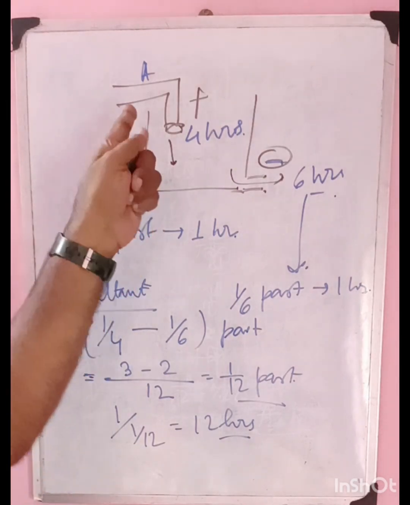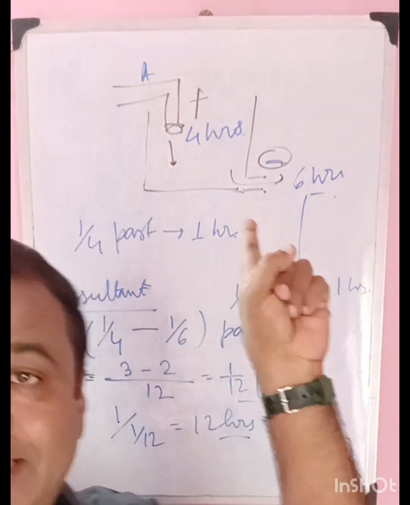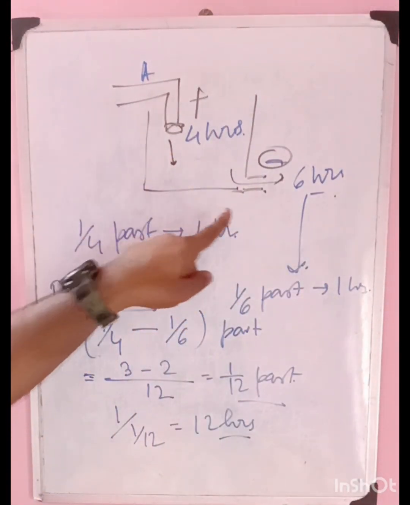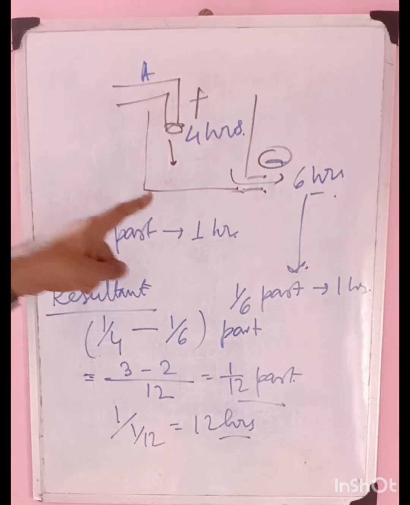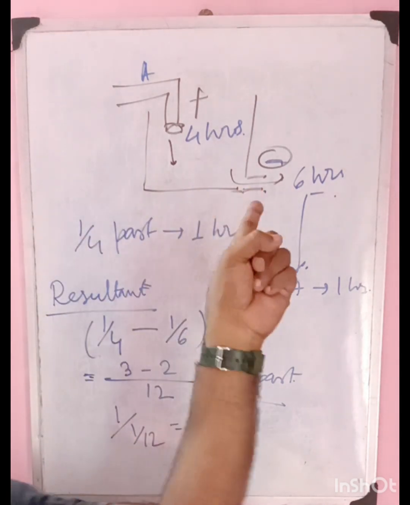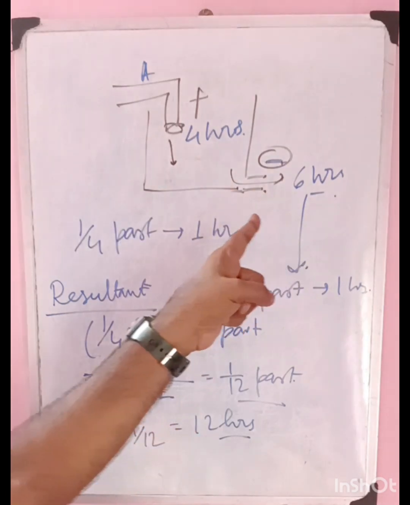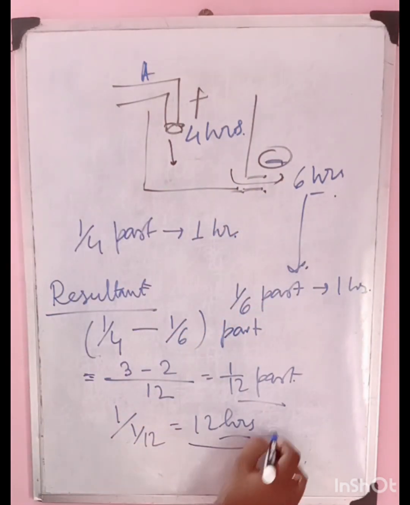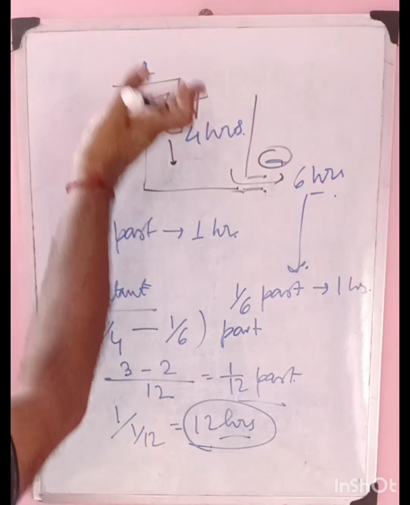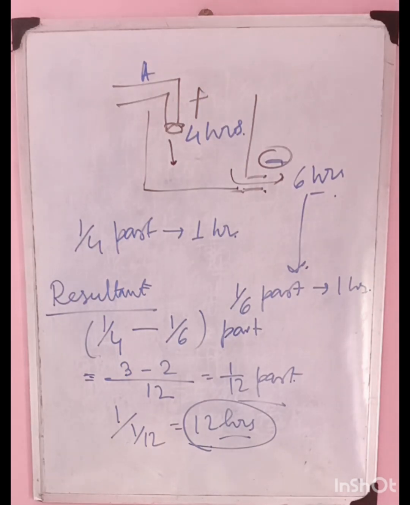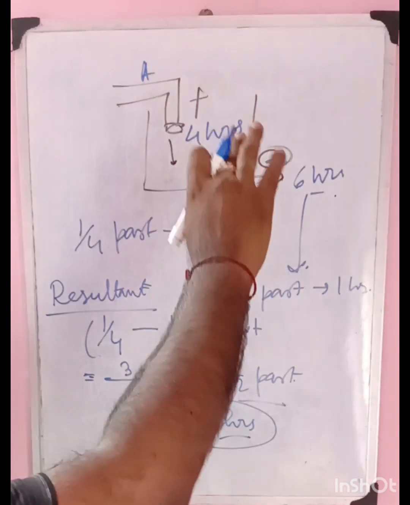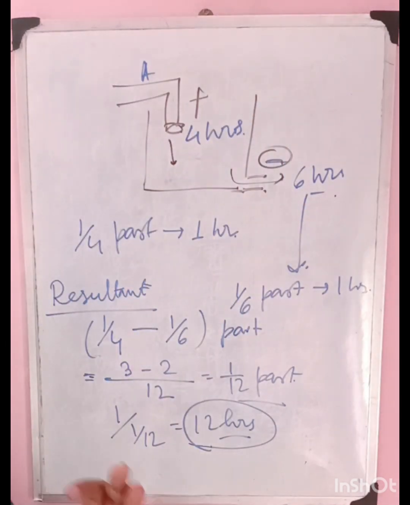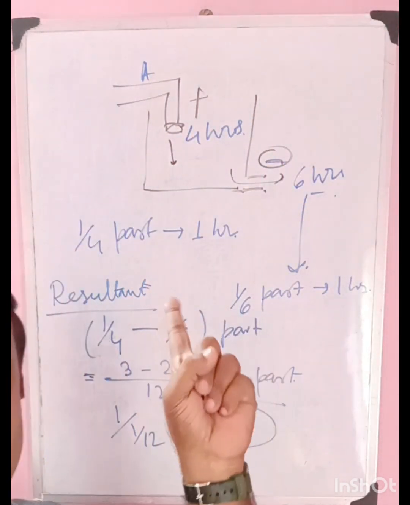So the tap could have filled the tank in 4 hours, but as the hole is there and it is draining out water at a rate of 6 hours for the tank, it is taking 12 hours to fill the tank completely. So this is the basic type of this particular problem.